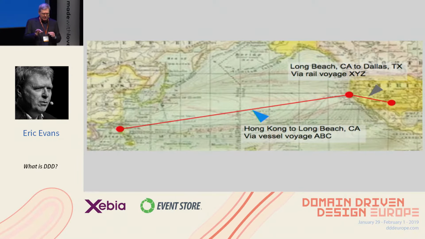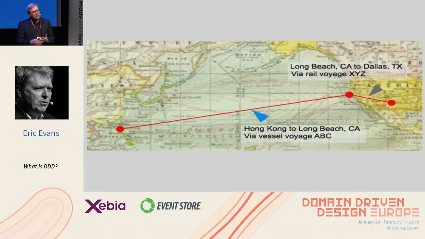So the clerk puts into the computer: the origin is Hong Kong, the destination is Dallas, and the computer will come up with a routing for that cargo. Then they explain it back to the customer. All right, your cargo would be loaded in Hong Kong onto a specific vessel voyage, ABC is the designator of that in this picture.